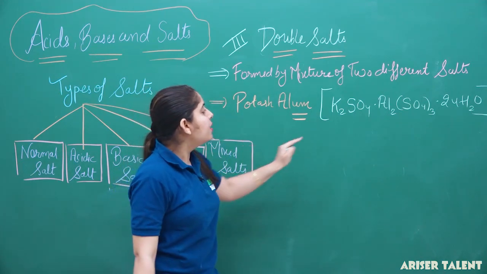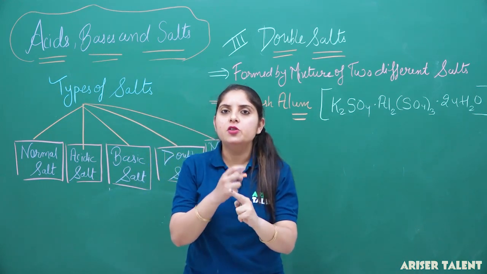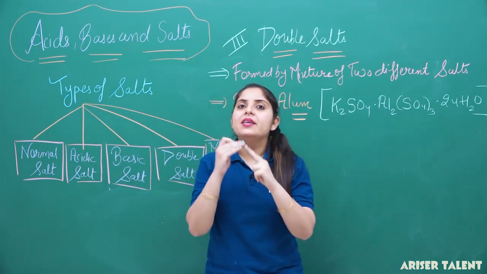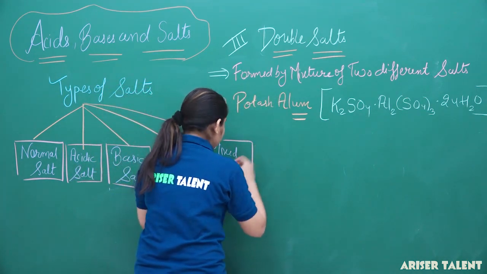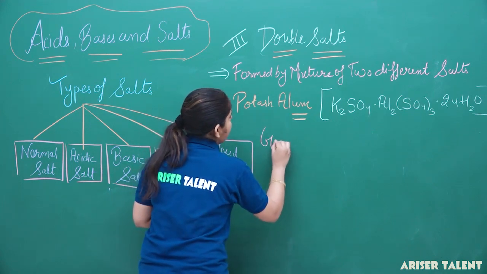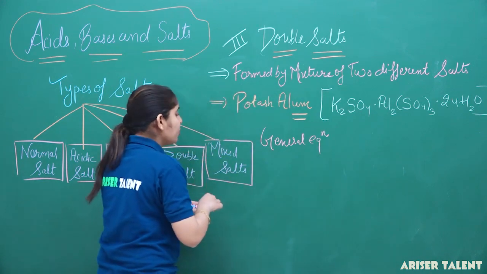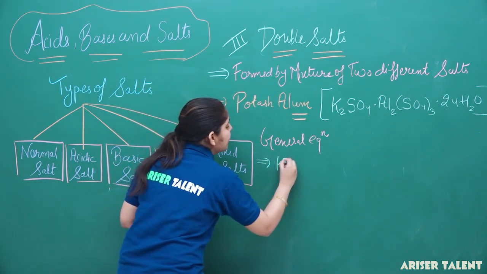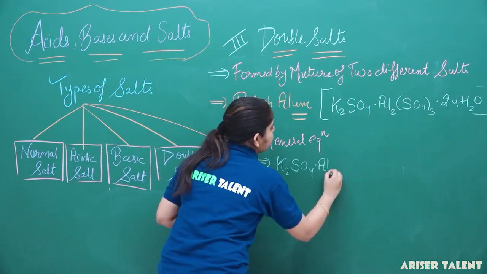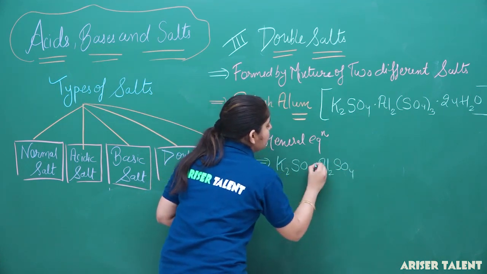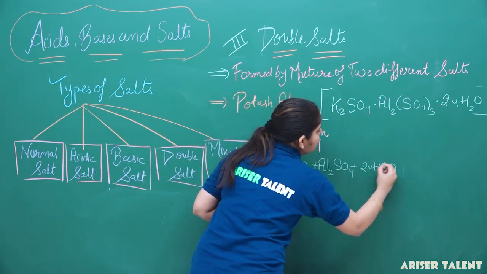So you can see here, K2SO4 and Al2SO4 are the two different varieties of salt, and after mixing these two types of salt, we are getting double salt. So we can say that the general equation which will take place will be K2SO4 dot Al2SO4 plus 24H2O.